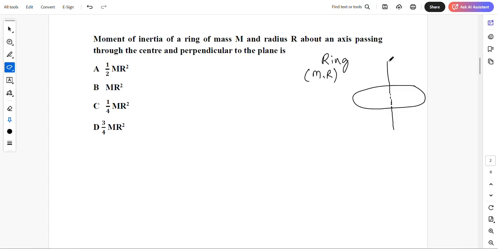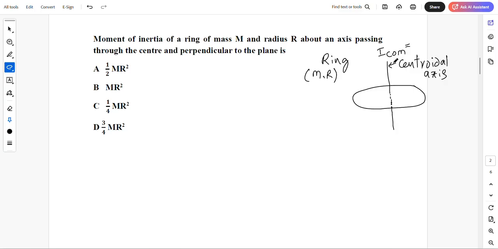This is the axis which is passing through the COM. This is called centroidal axis. This is the moment of inertia of the axis which is passing through the center of mass of the ring.